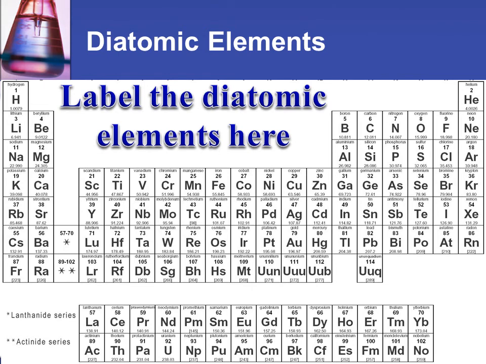Okay, real quick before you do one practice problem, let's review the diatomic elements. We have hydrogen, which we just talked about. Then you find where nitrogen is, which is in group 7. So nitrogen, oxygen, fluorine, and then you go down to iodine. Those 7 elements and hydrogen.